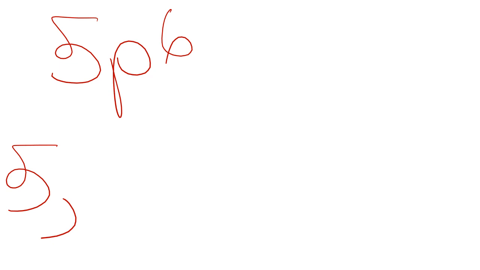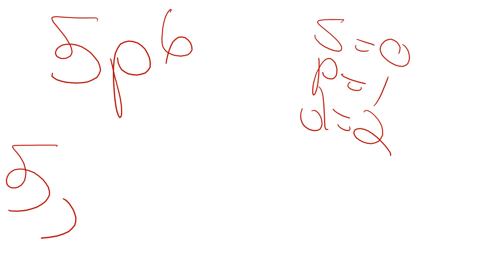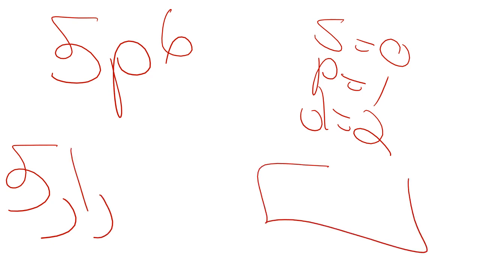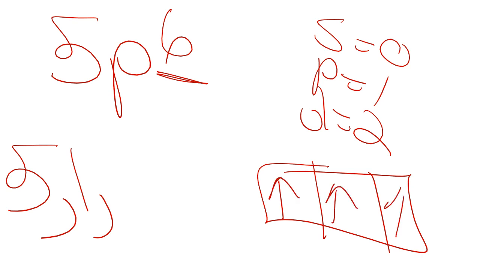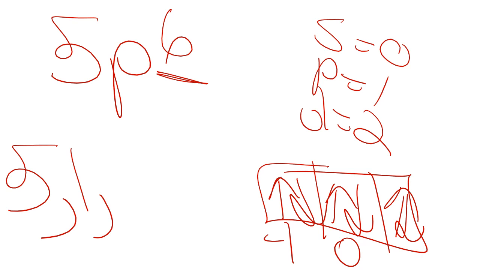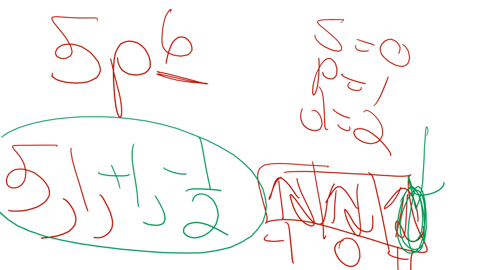The second number, since S is 0, P is 1, D is 2, is 1. Third number: for P, we draw 3 boxes. We have 6 electrons, up, up, up, down, down, down. A 0 in the middle, -1, +1. The last electron is the only one we care about, which is this one right here. +1, and since it's pointing down, it's -1/2. So those are the quantum numbers for xenon, 5p6.